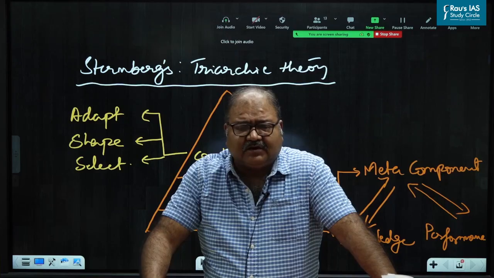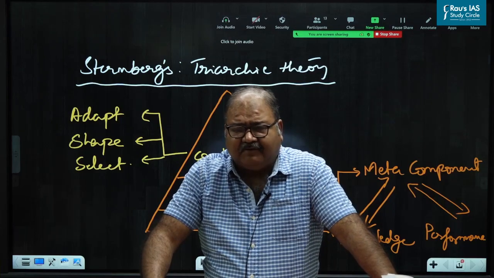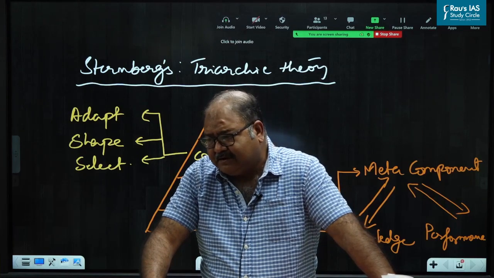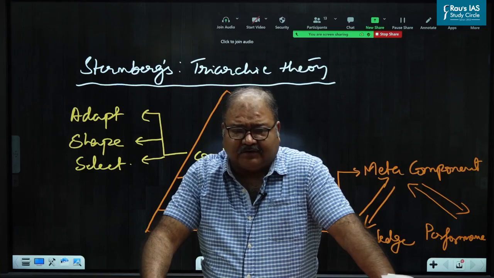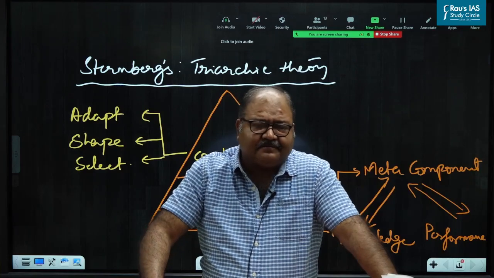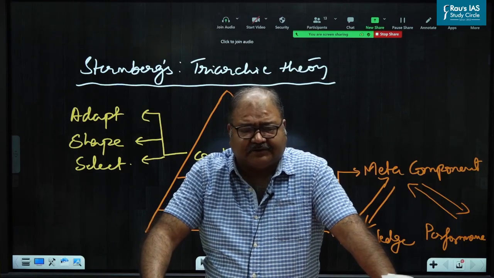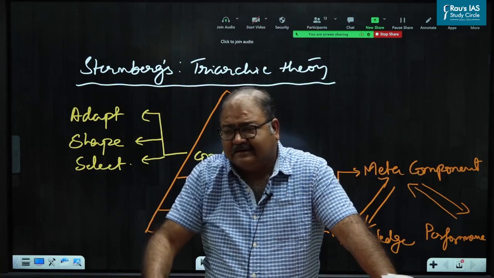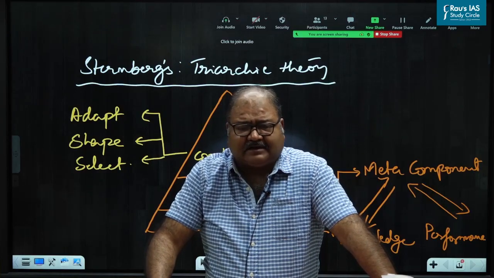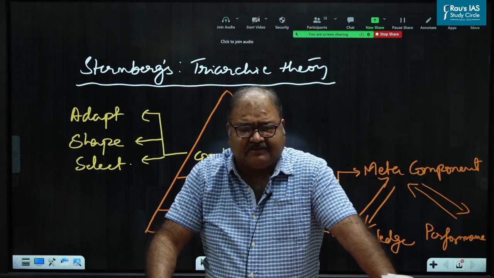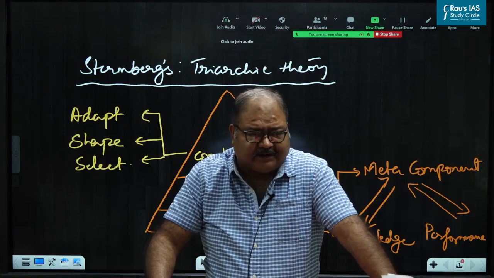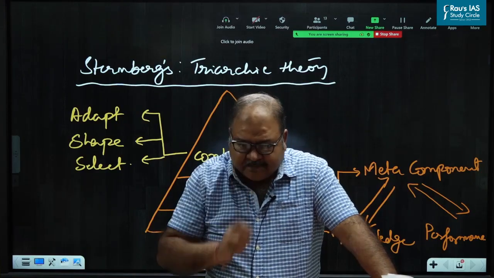So your eyes do not need to be reminded how frequently they have to look at the board. Your ears do not need to know which sound to be registered. Your fingers do not need to be told how to move while writing. All this multitasking is happening simultaneously without effort. It is because of componential intelligence, right?